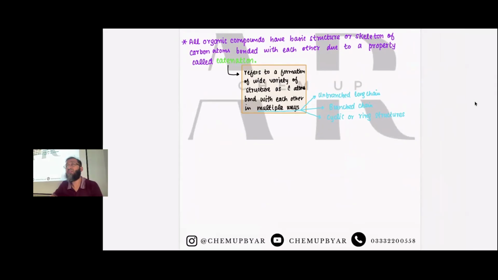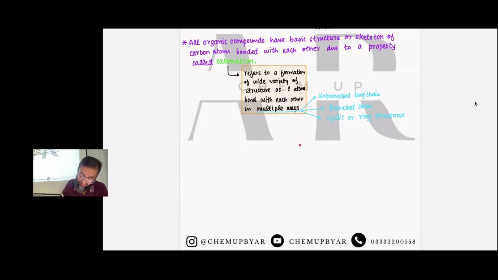So how can we figure out whether the structure is a straight chain or not? How could you figure out that, yeah, it's not branched and it's a straight chain structure? Hmm?